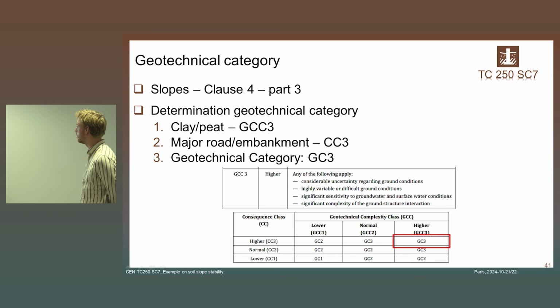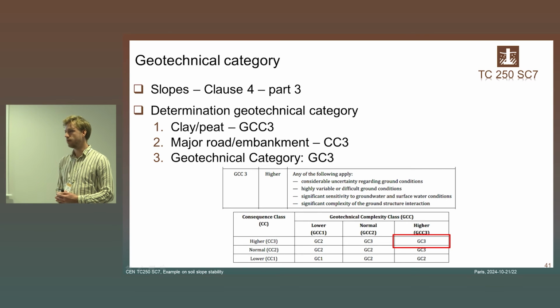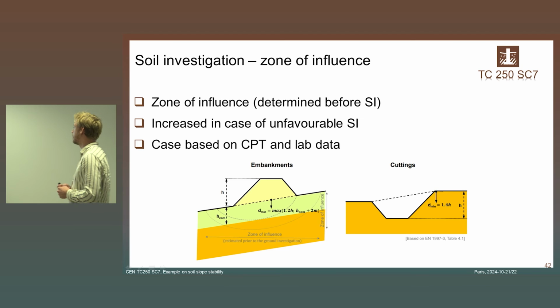Consequence class 3, that's mentioned as that in the table. So together that comes to geotechnical category 3, which tells you something about the amount and type of soil investigation, the amount and level of detail of reporting, and the type of analysis or testing, as was shown previously. I stole this picture, I must say.